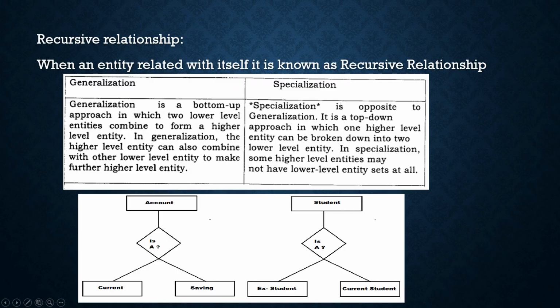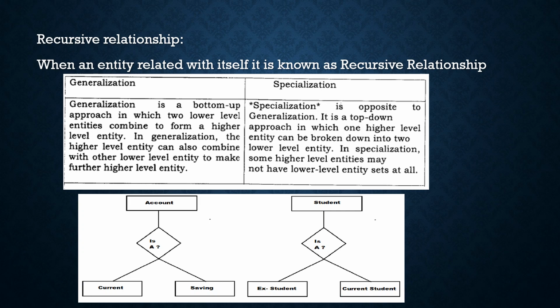An example of generalization is account. Here account is an example of generalization. Account is formed by using current and saving accounts. So we need to specify which one it is, current account or saving account. Under specialization, the example is student, a set or group of elements which can be divided into two.